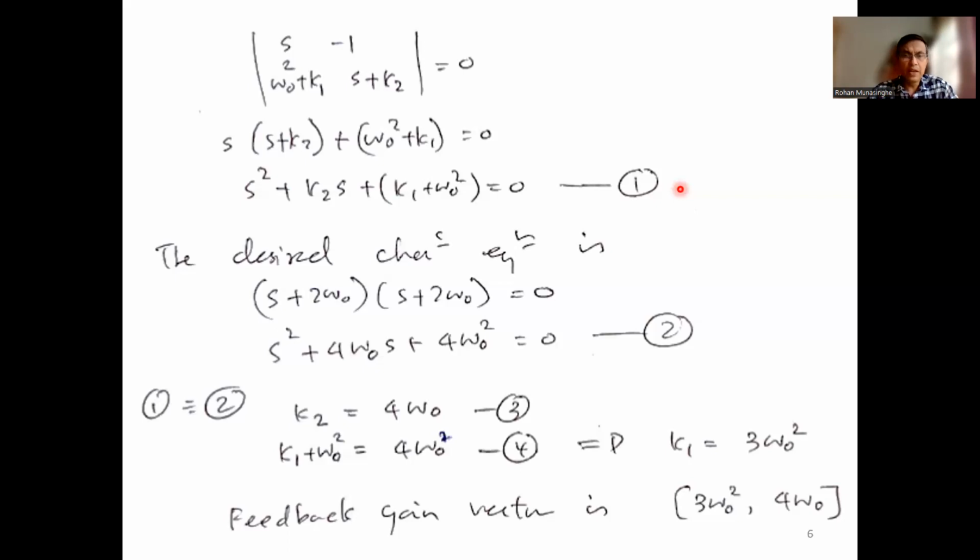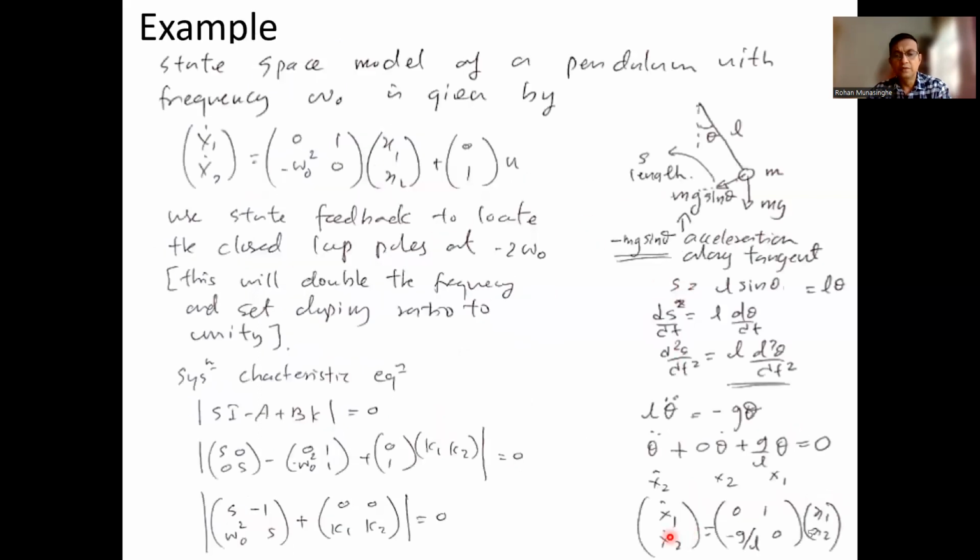Now, your desired characteristic equation is this, right? Because it said you want to locate the poles at minus 2 omega 0. Now frequency of oscillation, right, is omega 0, this one, right?